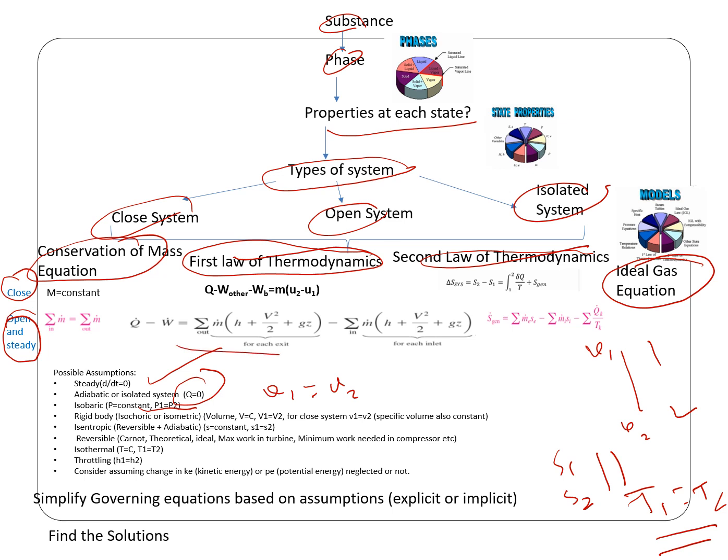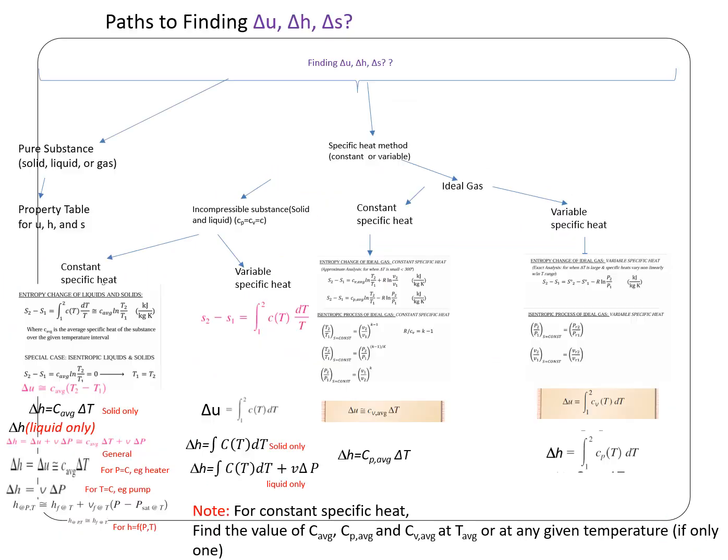Once you have these equations and these explicit and implicit assumptions, simplify the equations and then find the solution. So this is the procedure you need to follow in solving the problem. Again, the key properties are delta U, delta H, and delta S. You have two routes, one using the property table, the other using the specific heat method.